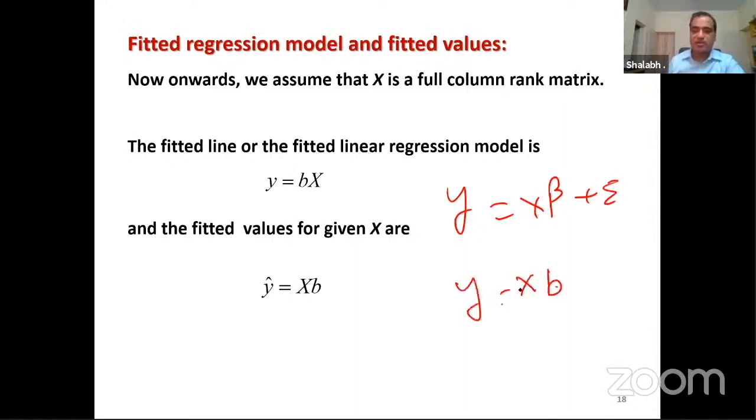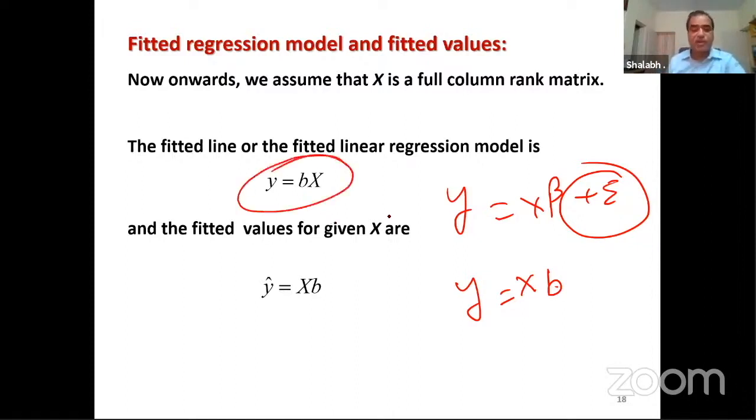So this becomes my fitted model. Sometimes people get confused about where this epsilon has gone. You have obtained the value of b in such a way that the random error is minimum, and the minimum value of the random error is 0. So I assume that this value of b has been obtained such that all the epsilons are 0. That is the ideal condition. That is why this is your fitted model.